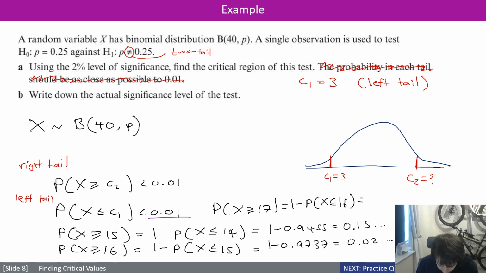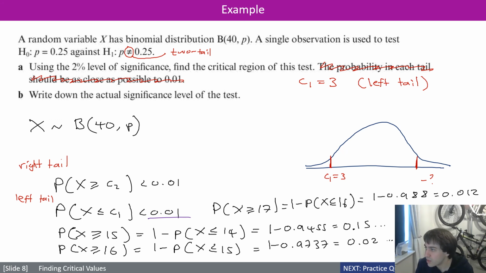Let's try it. So I'm doing binomial CD, N 40, P 0.25, X of 16. I get 0.988. So 1 minus 0.988. Close. That's 0.012. So we're almost there. We've almost dropped below 0.01.